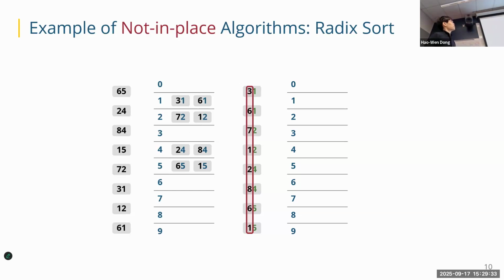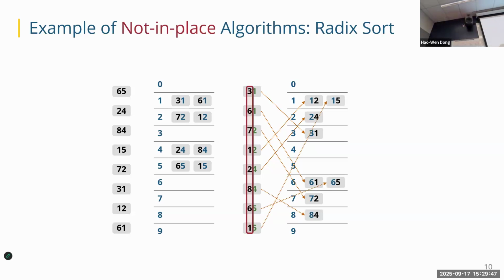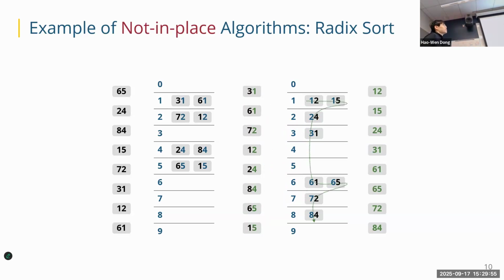So 3, 1, you put it into the 3 bucket. Then you put 6, 1 into the 6 bucket, 7, 2, 1, 2, 24, 84, 65, 15. And now you see that everything gets sorted perfectly. And if you just flatten that, then you get the perfectly sorted result.